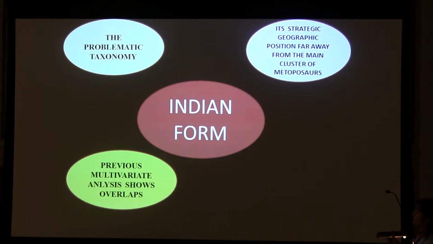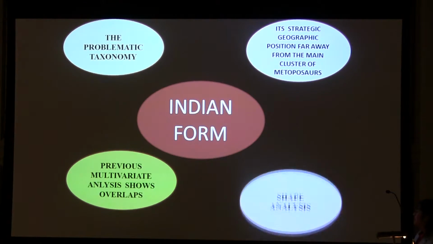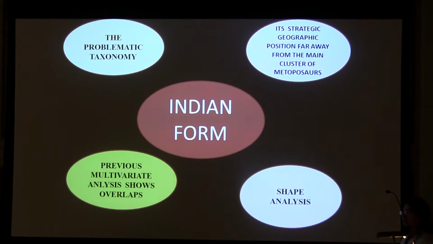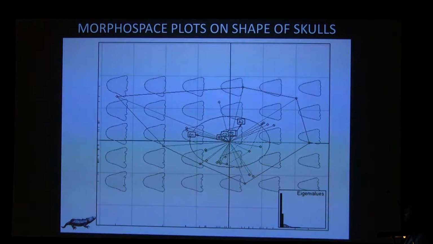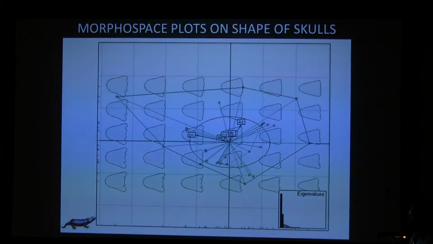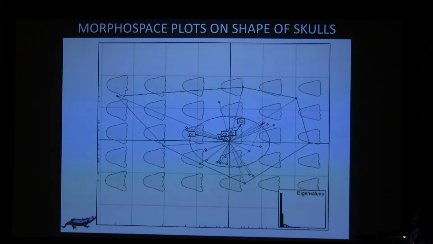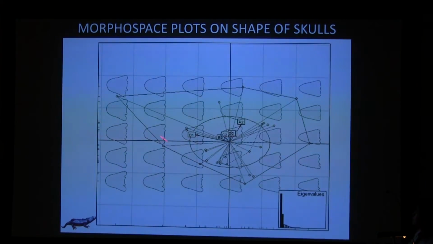The third is the previous multivariate analysis, which shows overlap, and the uniqueness is not really quite clear from the previous analysis. And the fourth, I have therefore tried to sort them out using shape analysis. These are the morphospace plots which I have plotted using modern morphometrics in R, and this is the convex hull, taking the extremity of the shape.